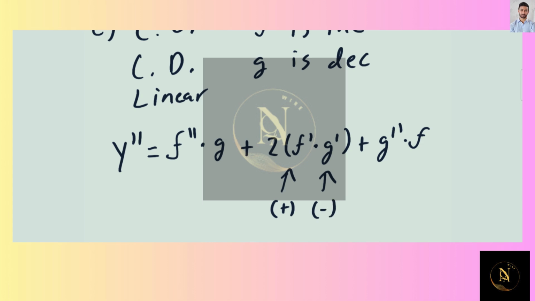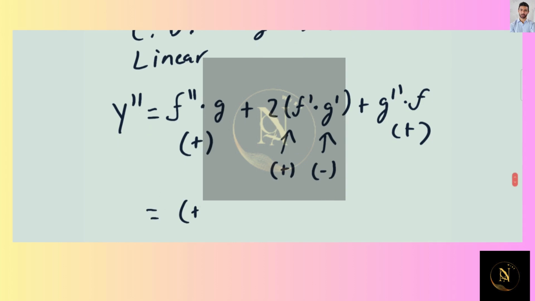And so the only thing that changes is the signs of these two values, since the second derivatives are still positive, and g and f are still positive. So now we have a positive value plus a positive times a negative, which would be a negative value, and then another positive value.